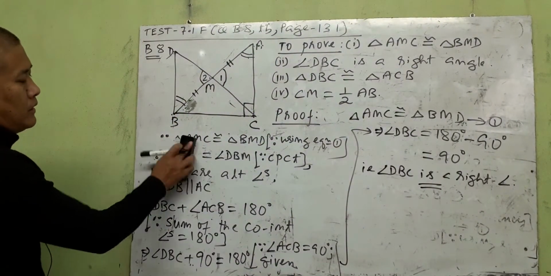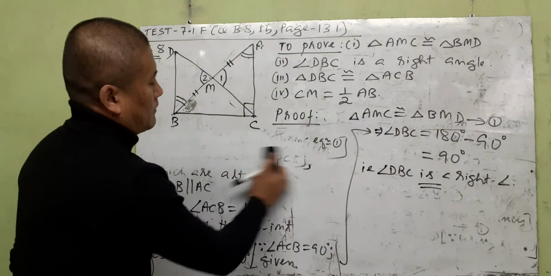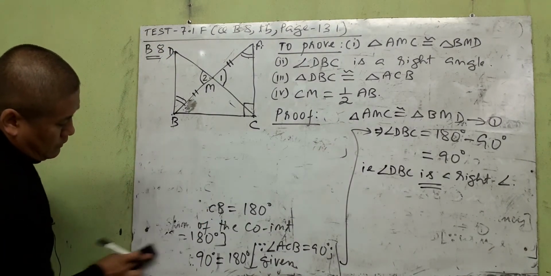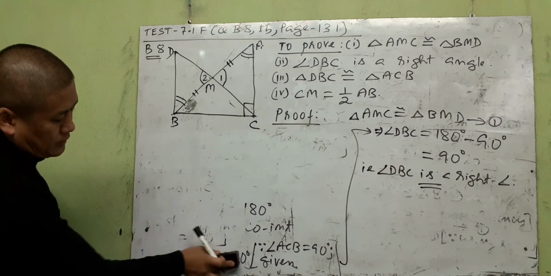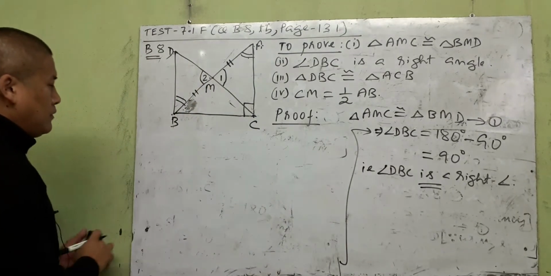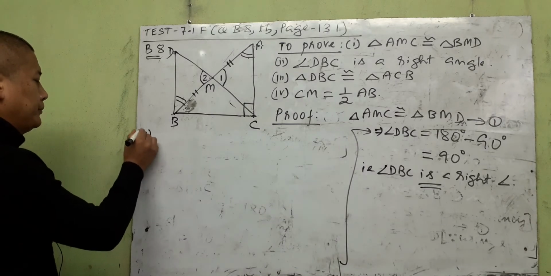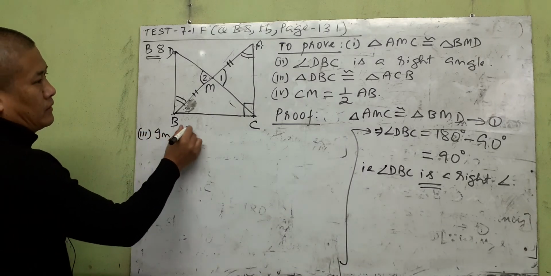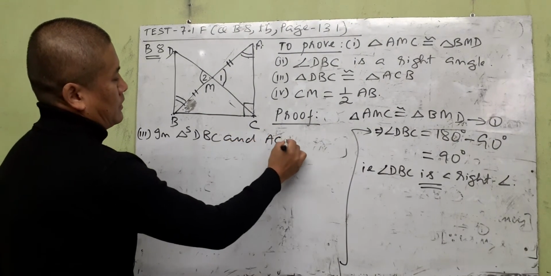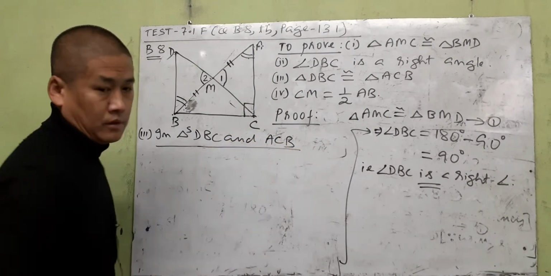Let's go to the third one and prove that triangle DBC is congruent to triangle SCB. Number 3, let's do it slowly. In triangles DBC and SCB, let us take those two triangles.